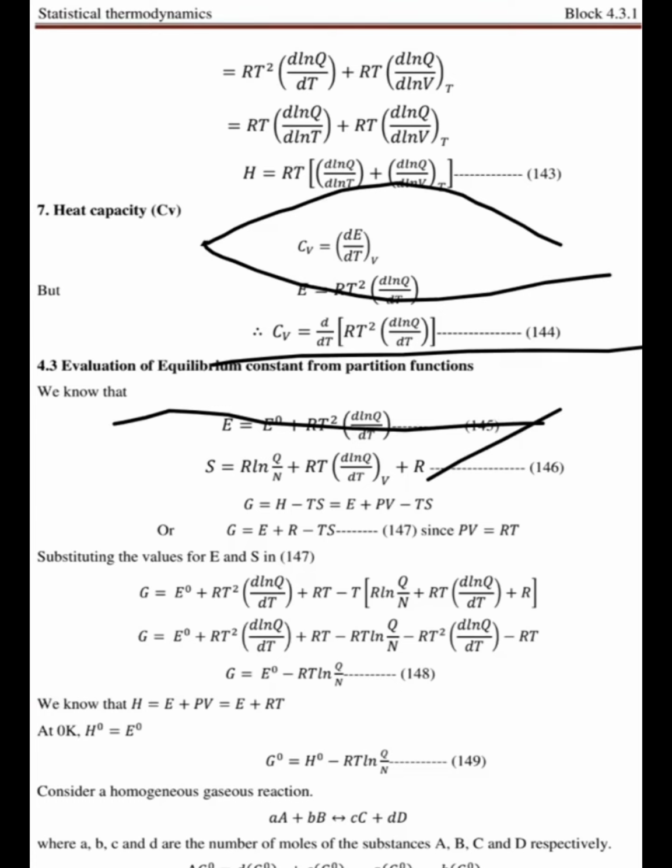Substituting the values of E and S, we know the value of E and S. So it can be written as G is equal to E minus TS. Here you know the value of E and S. E is the internal energy and S is the entropy.